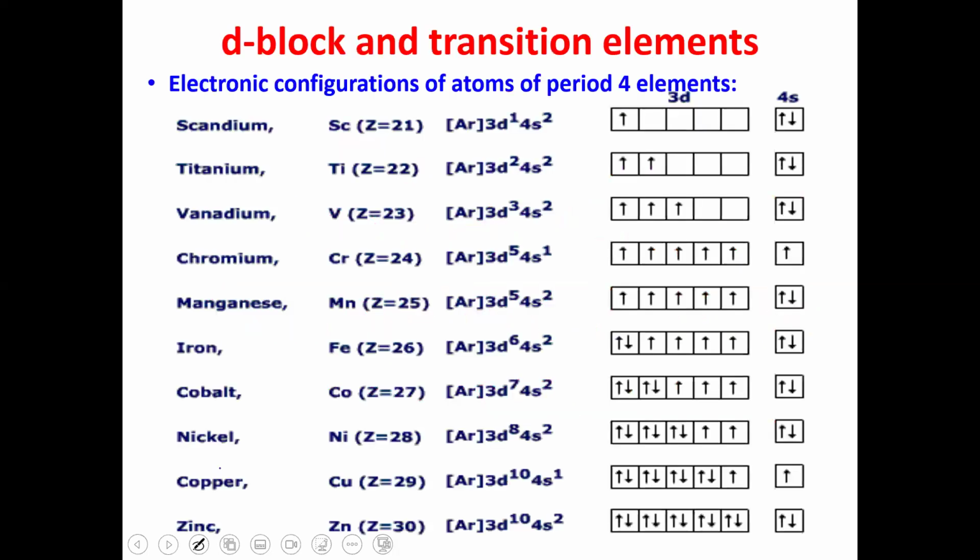When we start with this, our first concept is the electronic configuration. When we see the electronic configuration, scandium, titanium, vanadium, and we go till zinc, we will observe the pairing. In scandium, the 3d orbital contains only one electron, and 4s is full.